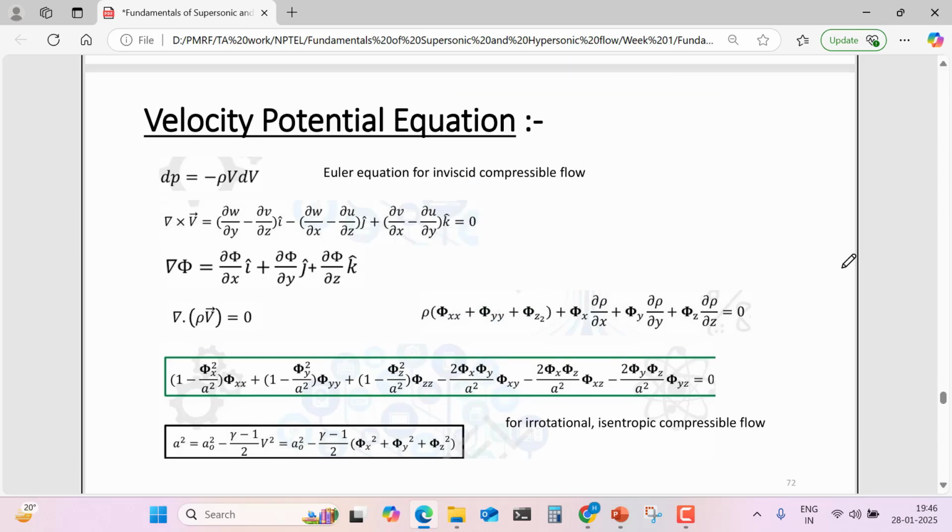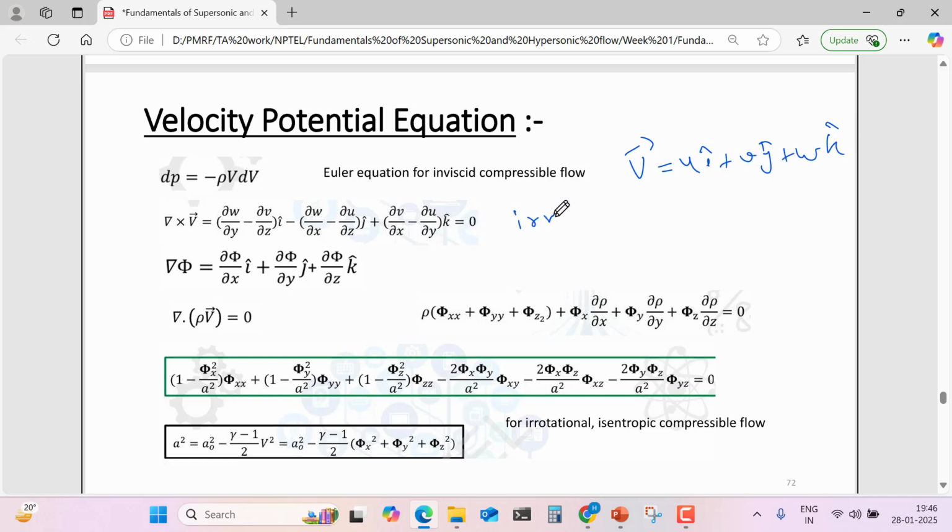Now, this velocity potential equation was also taught in the class. So I will tell all the equations. For inviscid compressible flow, there is the Euler equation, which is given by dP equal to minus rho V dV. Now the velocity vector V can be given by u i cap plus v j cap plus w k cap.